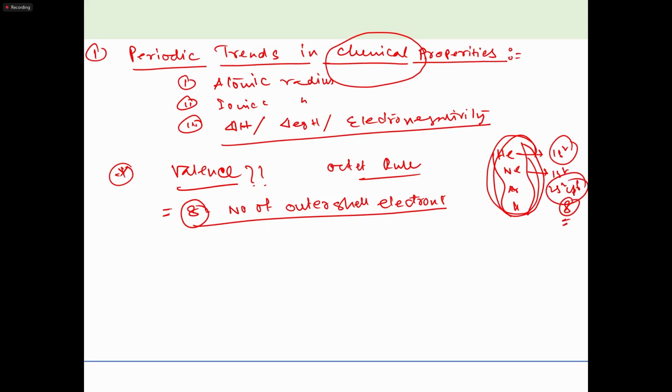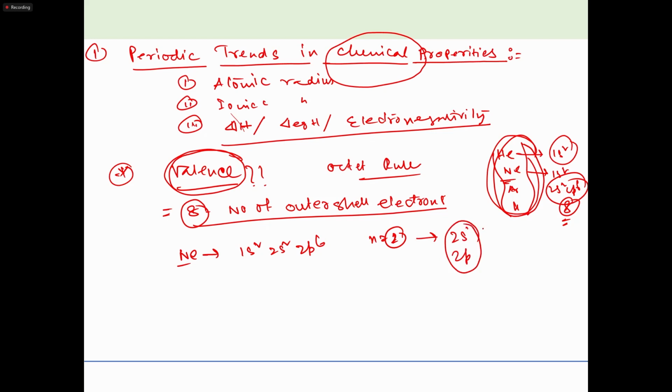Now, to know the valency, first of all you have to know the valence orbitals. Suppose neon: the electronic configuration is 1s2, 2s2, 2p6. Here the maximum principal quantum number n equals 2, so the orbitals are 2s and 2p. These are the valence shell.